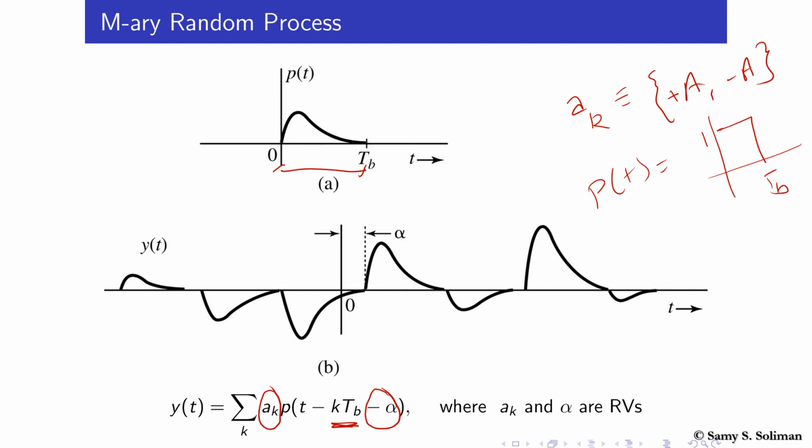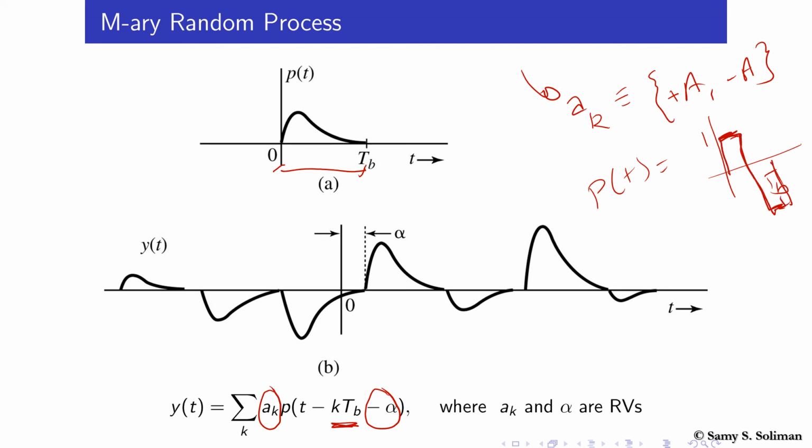Also, if we want to apply Manchester code for this M-ary random process, again we have a_k taken from the possible amplitudes positive and negative A, while the pulse p of t can now be represented as +1 for half of the duration and then -1 for the other half of the duration.